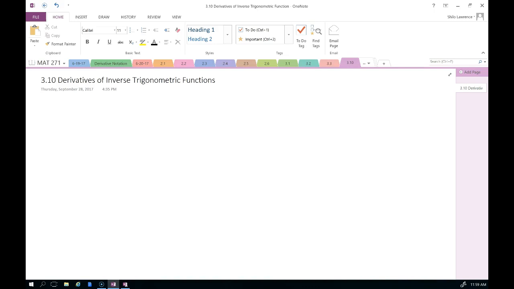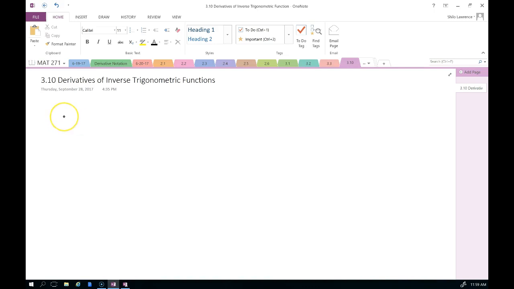We can put all three of those ideas together and come up with derivatives for inverse trigonometric functions. So I'm going to show you that first, but then I'm going to go through the inverse trig derivative formulas and do a few examples.